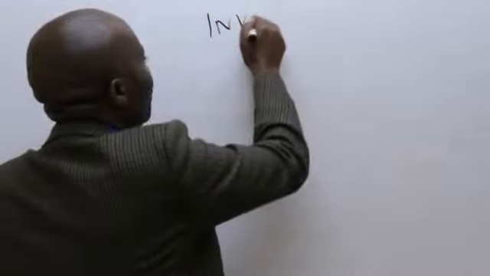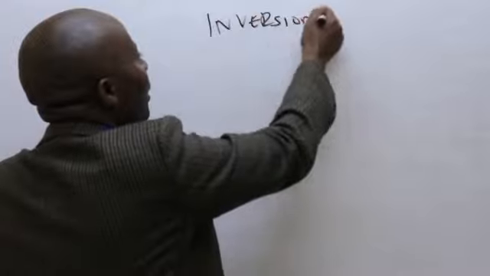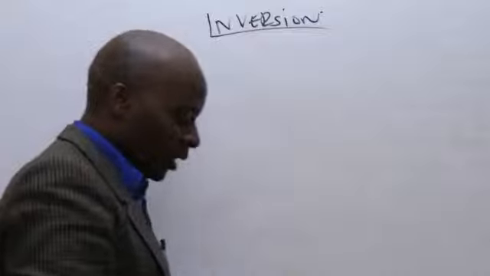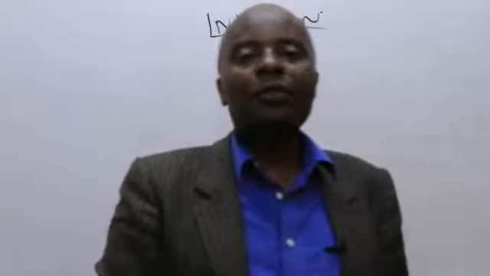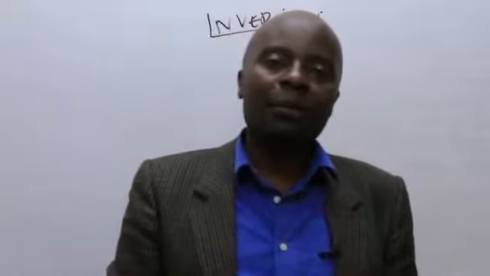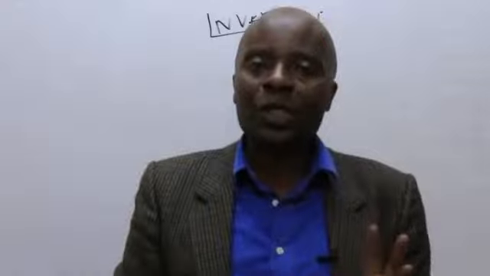Now that beckons for only one more operation, and we are out of that concept, what we call inversion. If you can remember, ladies and gentlemen, inversion is applicable to square matrices.